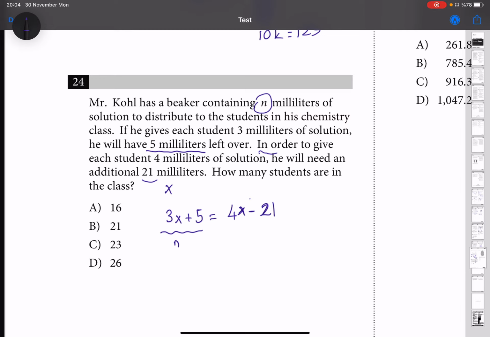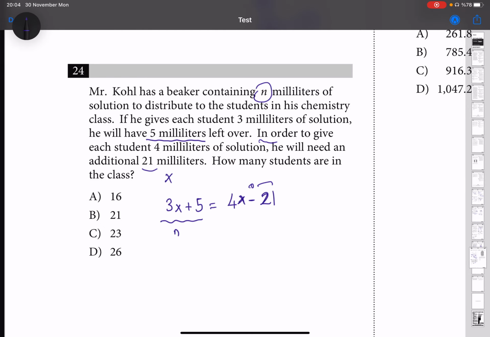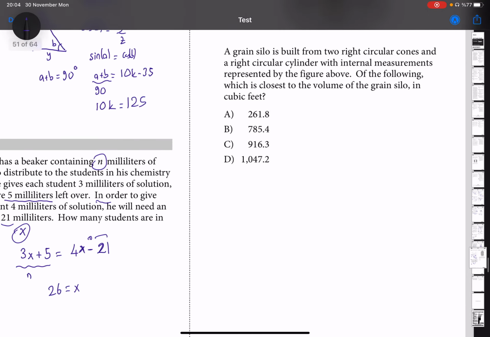So I subtract 21 from 4x. Let's solve this equation. 26 is equal to x. x was the number of students in the class. So this is the asked thing in the question.